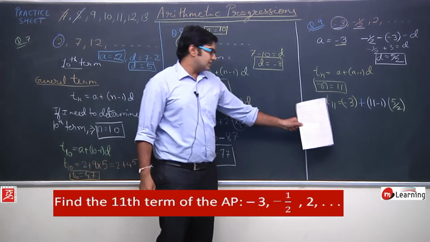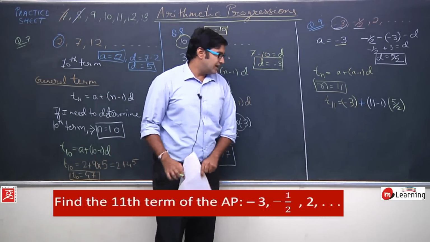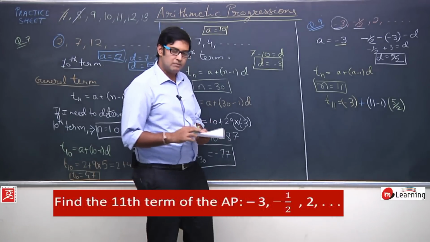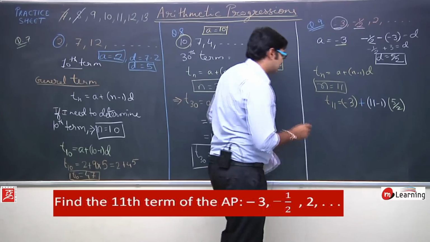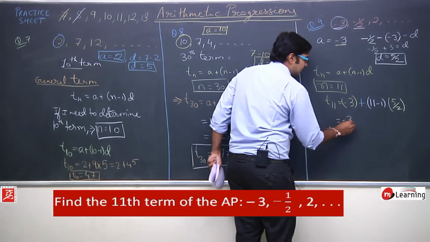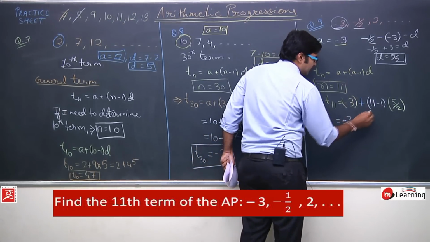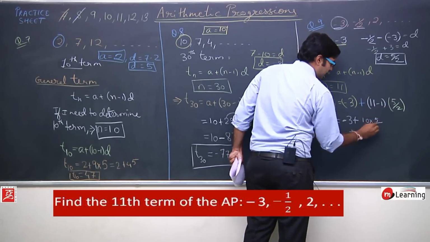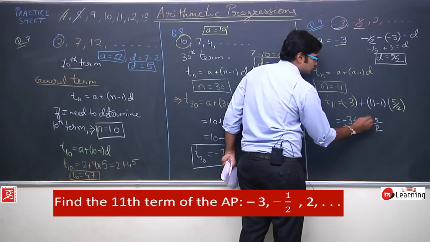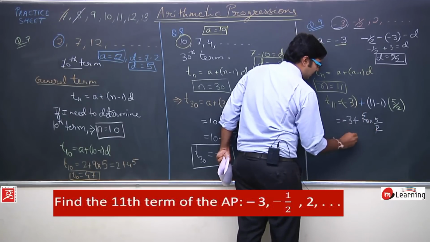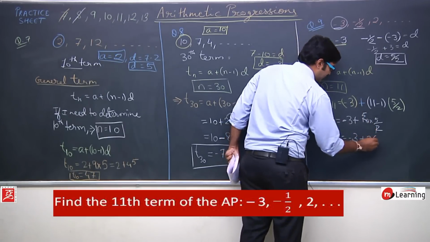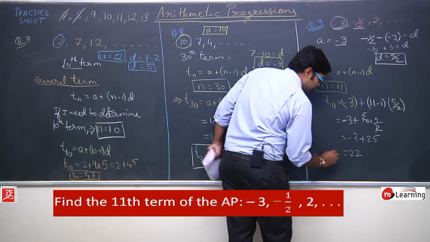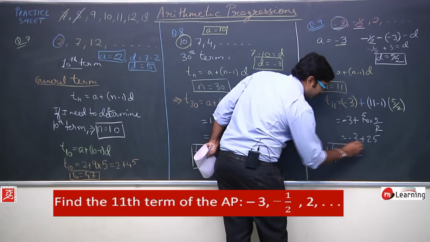So just solve this, it will give you minus 3 plus 10 into 5 by 2. This is 2, 5, this will give you minus 3 plus 25. So 25 minus 3 will give you 22. So the 11th term will be equal to 22.